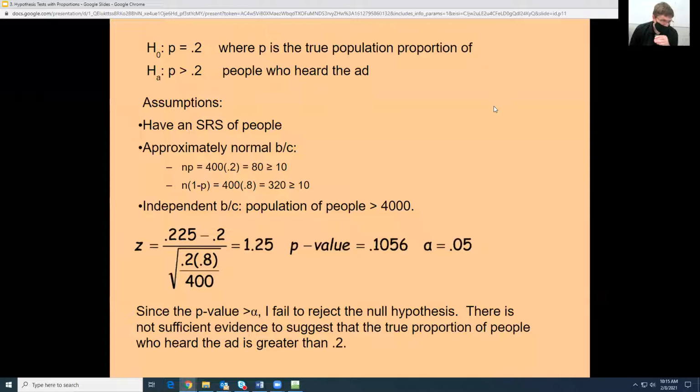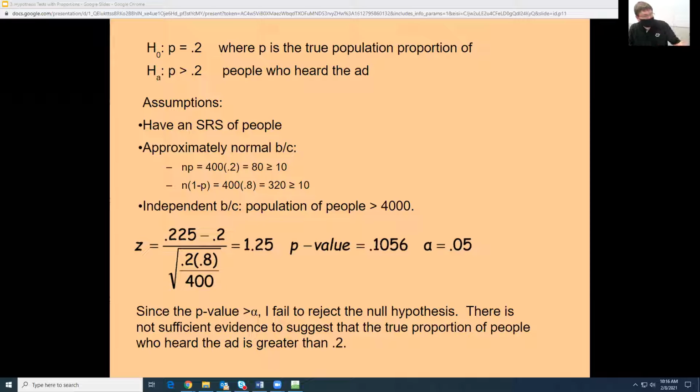There is not sufficient evidence to suggest that the true percentage of people who have heard the ad is greater than 20%. So I cannot prove to the advertising executives that we're doing our job, so therefore we're going to lose this contract. But it is what it is. Life doesn't always give you the answer you want.